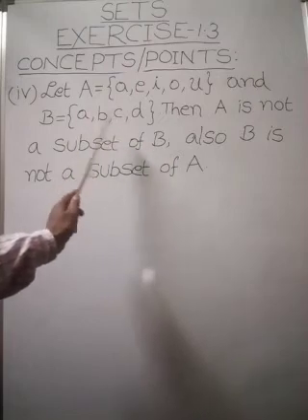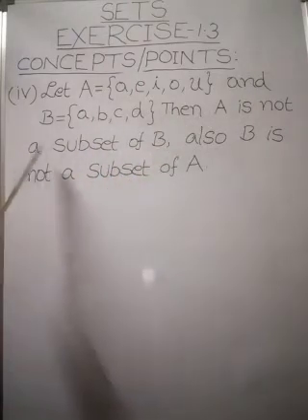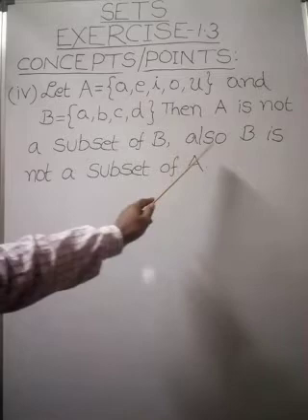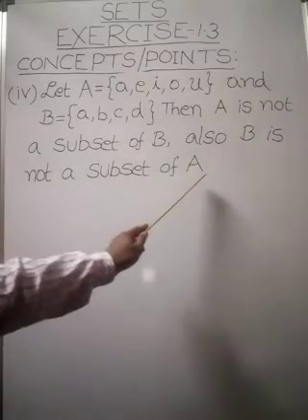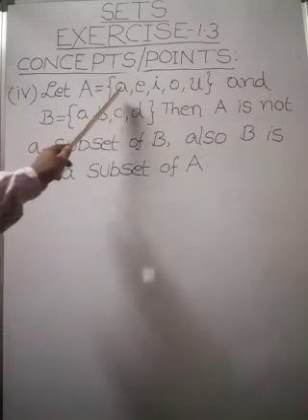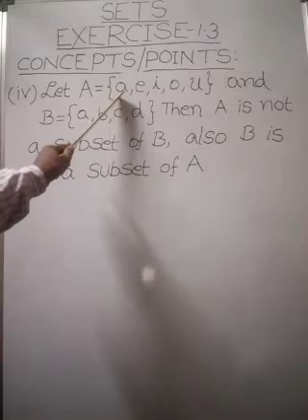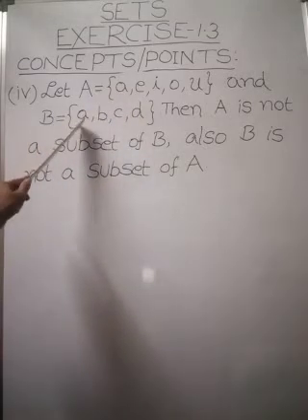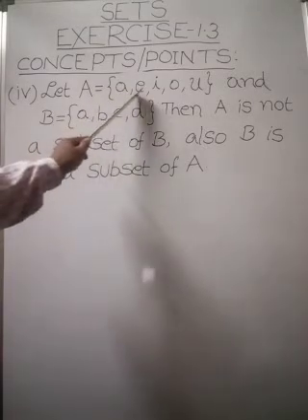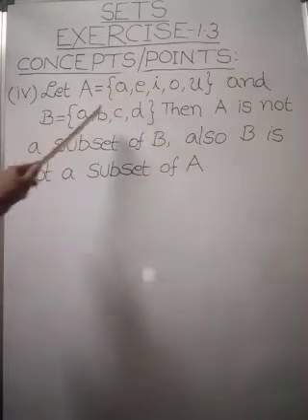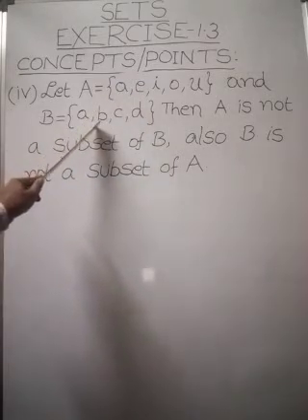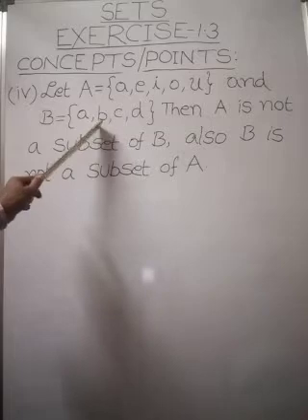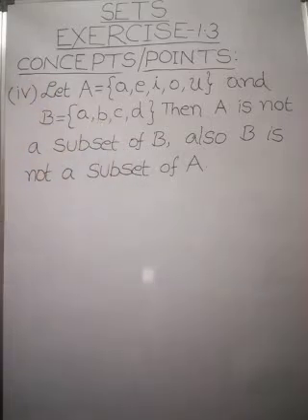Okay, my dear children. Then A is not a subset of B. Also, B is not a subset of A, because here a is an element in the set A, and here a is an element in set B. e is an element in the set A, but e is not an element in the set B. So even if a single element is missing, then the set is not said to be a subset of the second set.